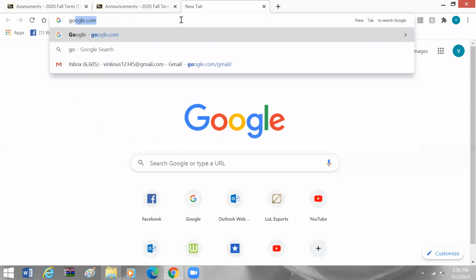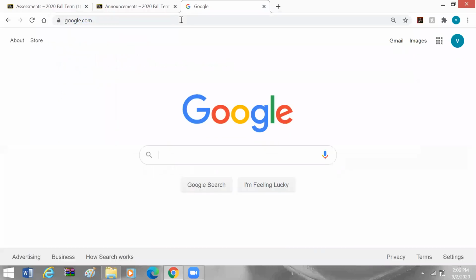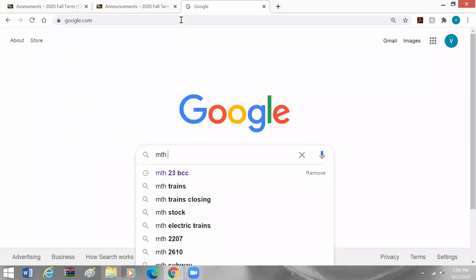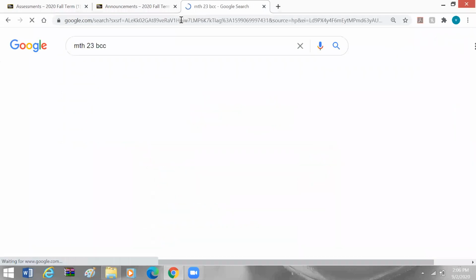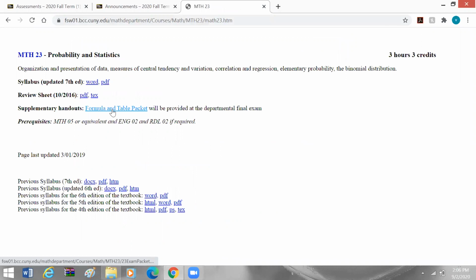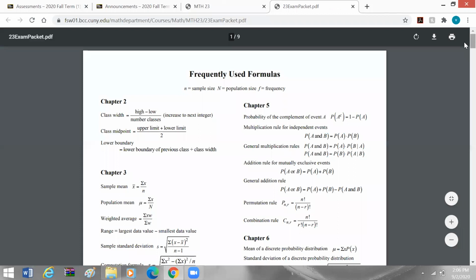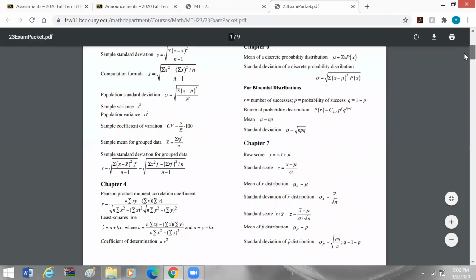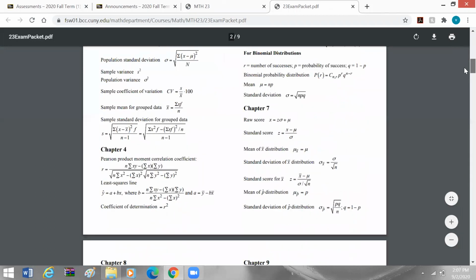For those of you wondering if you have a formula sheet for this class, the answer is absolutely yes. I recommend you go to Google and search for BCC, Math 2 and 3, and click there. There will be a formula package, and this is what we're going to use. But it's really complicated, so I don't introduce it until the second exam.